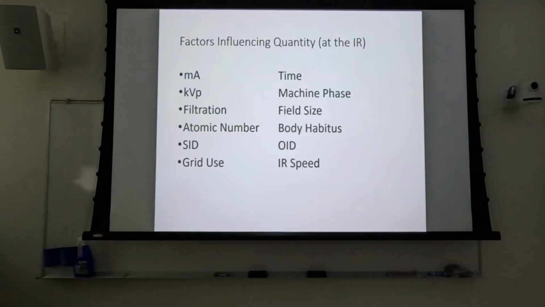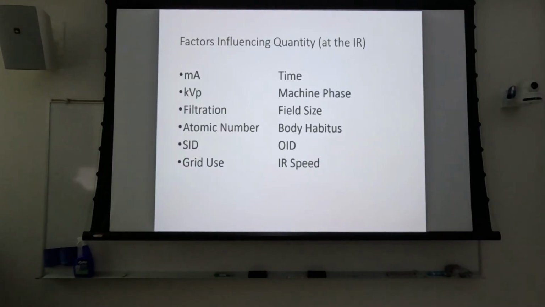But you do lose some photons just with an increase in OID, right? So if your SID remains constant and you increase your OID, you're going to lose some photons because of that wide angle scatter radiation. You're not going to lose any that are created or emitted. You're going to lose some that strike the image receptor, and we call that the air gap technique. Exactly. So how we compensate for that is with mAs, right?